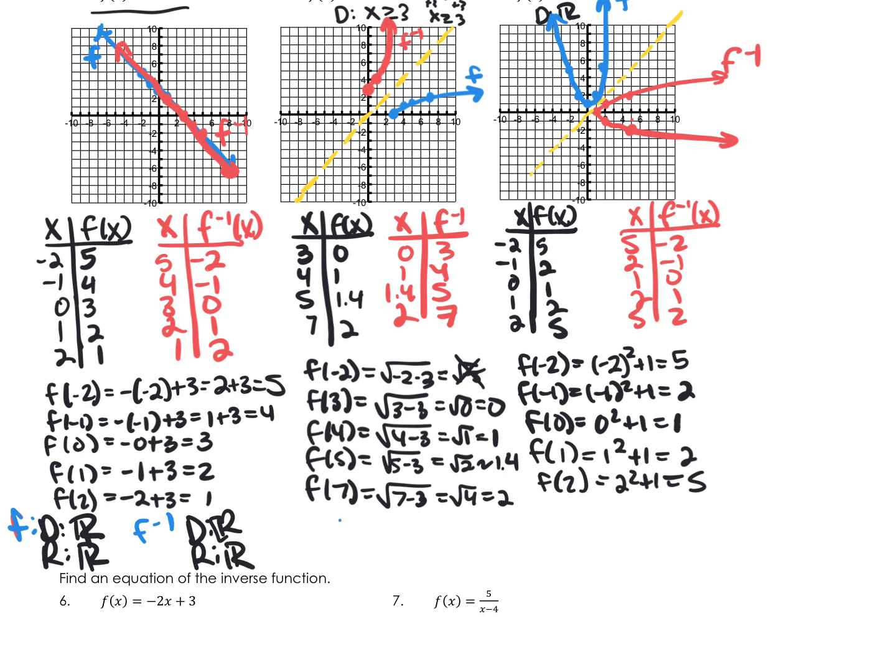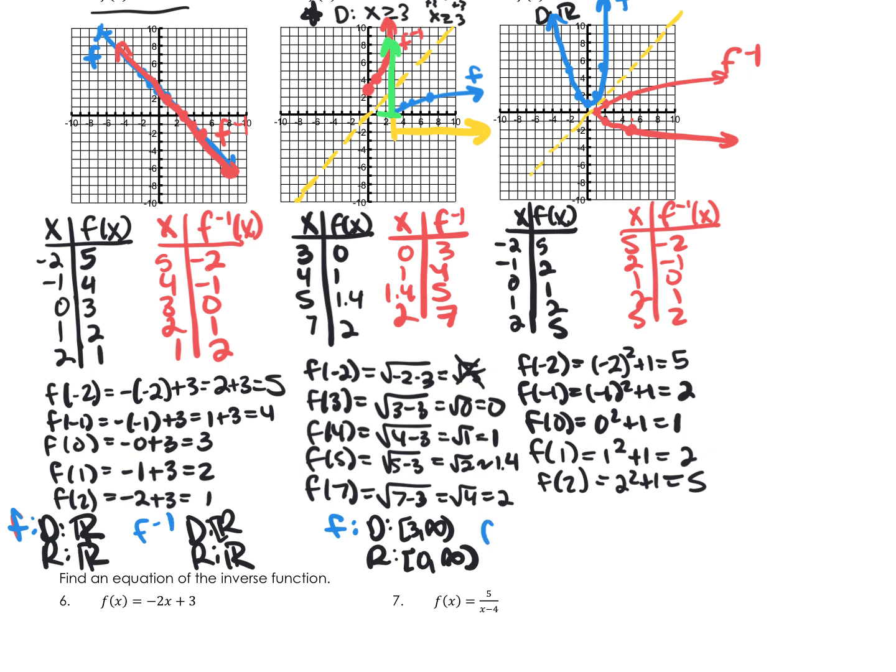And then for this guy here, it's a little more interesting. For f, the domain starts at 3 and goes to infinity. And the range starts at 0 and goes to infinity, which we already talked about for the domain up here.